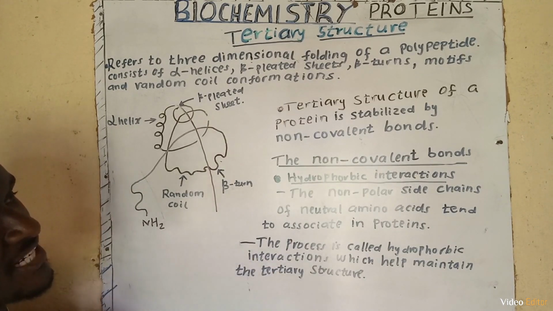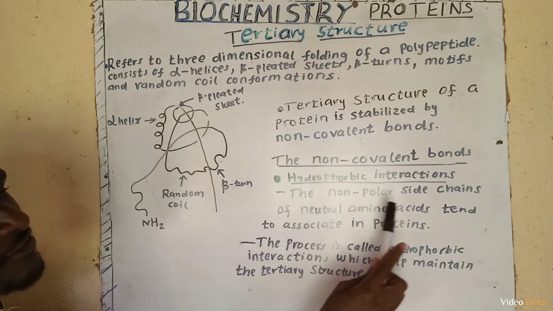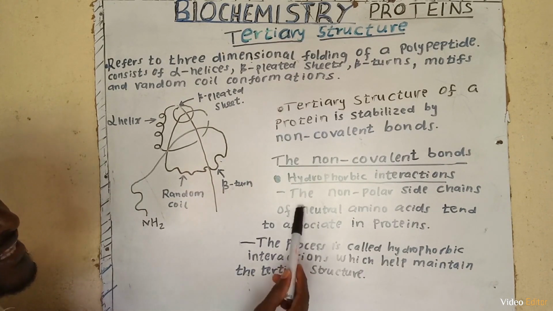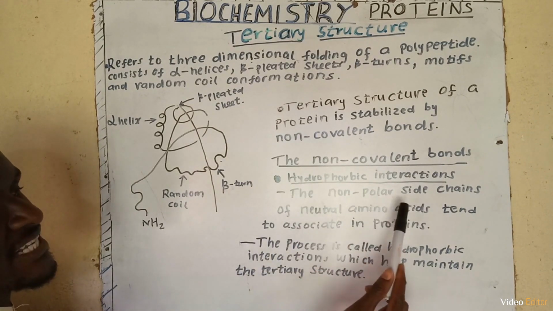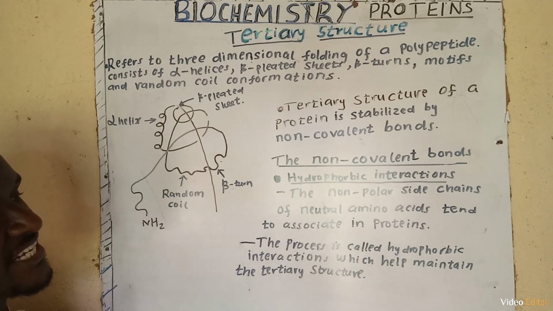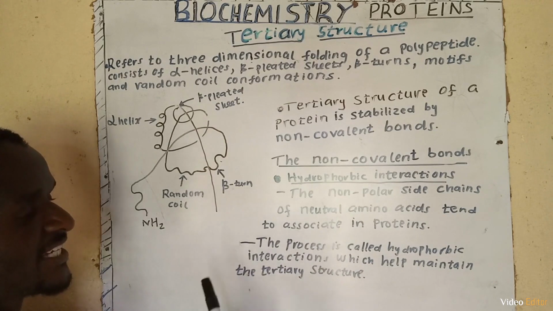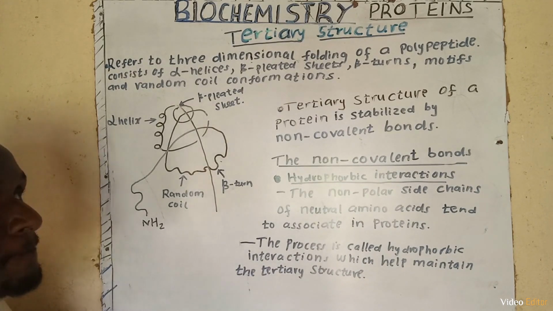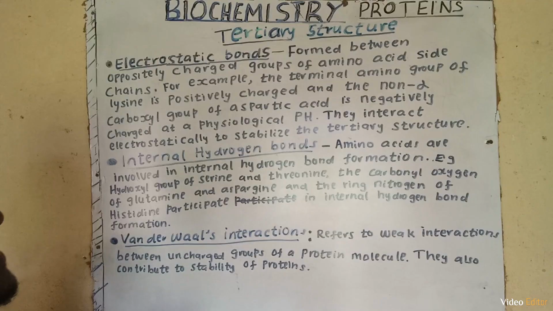So these non-covalent bonds include the hydrophobic interactions. That is the first one. The non-polar side chains of neutral amino acids tend to associate in proteins. The process is called hydrophobic interactions, which help maintain the tertiary structure. Next is electrostatic bonds.